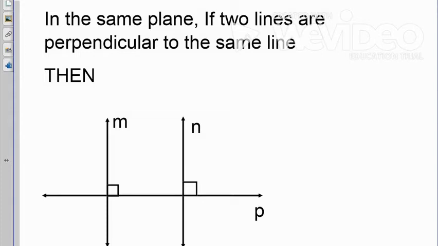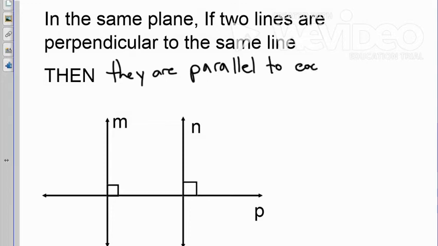Then they are parallel to each other. So that's basically saying that M is now going to be parallel to N using that fact.